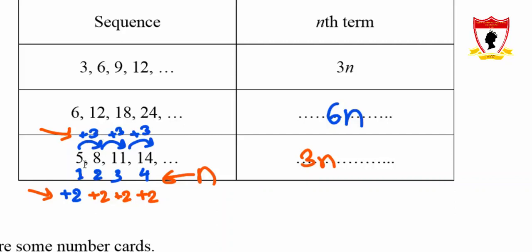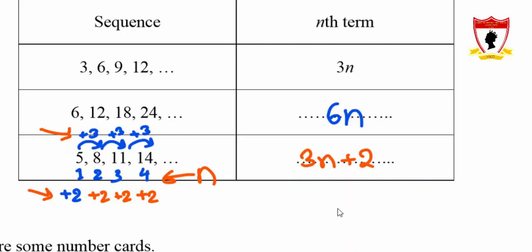When we say 3 times 1 plus 2, we just said 3 times n plus 2 to generalize this. Then it is 3n, and for all of them we said plus 2. This plus 2 takes place in the rule of the nth term. We got 3n plus 2.